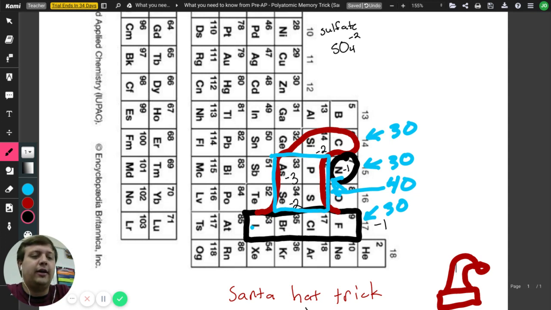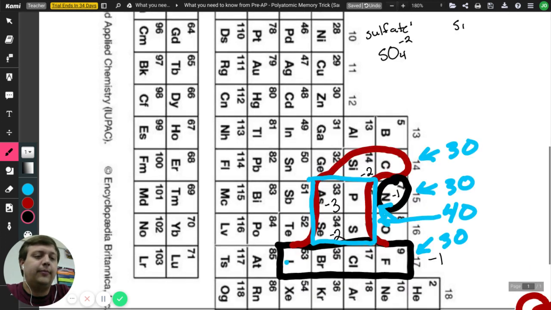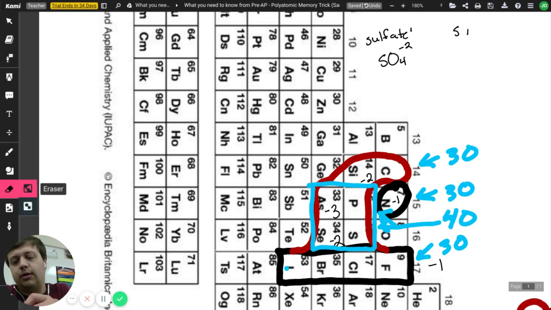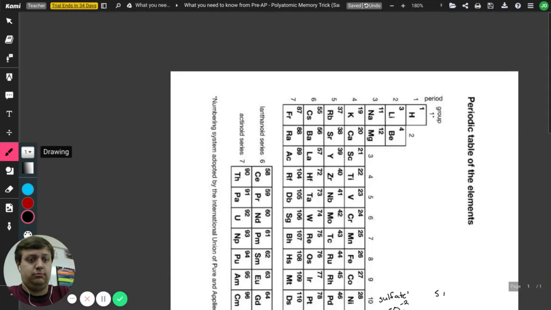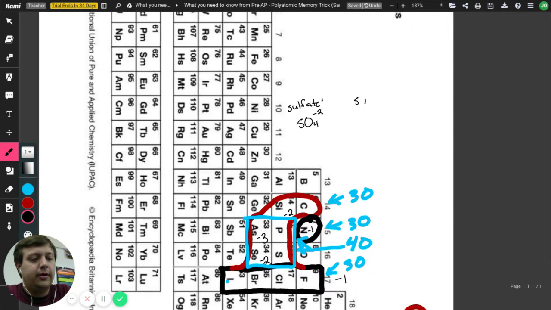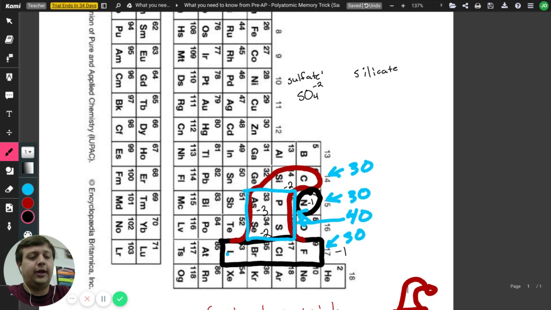Now, let's try something else. So let's say I've got silicate, S-I-L-I-C-A-T-E. Sorry about that, I am unsure why it did that. Okay? Silicate. It's going to have silicon, Si, attached to an oxygen.